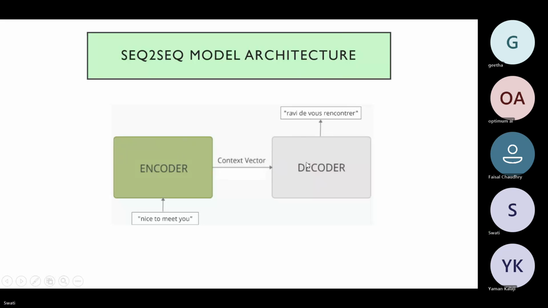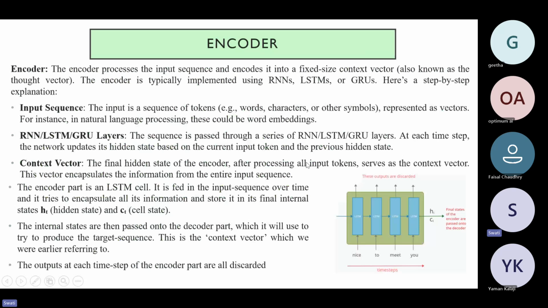What are the encoder and decoder? First, what is there in the encoder? The encoder's main task, as I have said, is to process the input sequence and encode it into a fixed size context vector. The output, the hidden state and cell state, makes your context vector.